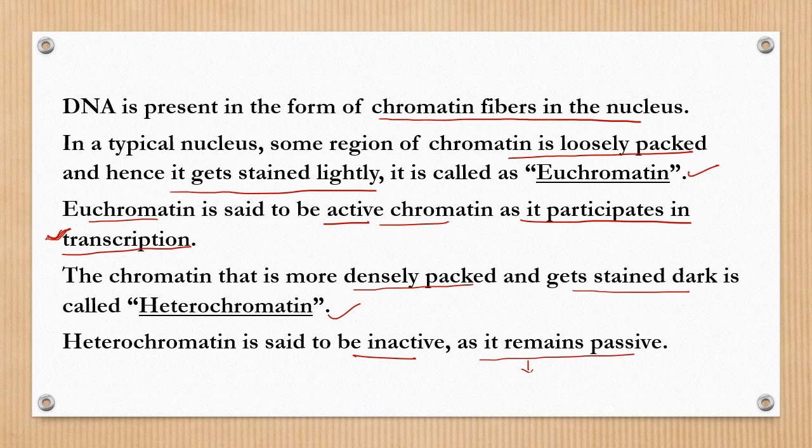Third point: euchromatin is said to be active as it participates in transcription, whereas heterochromatin is said to be inactive as it remains passive and cannot participate in transcription.